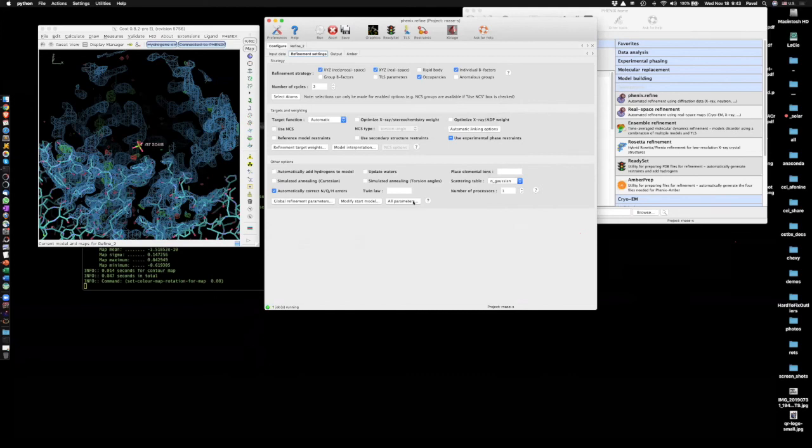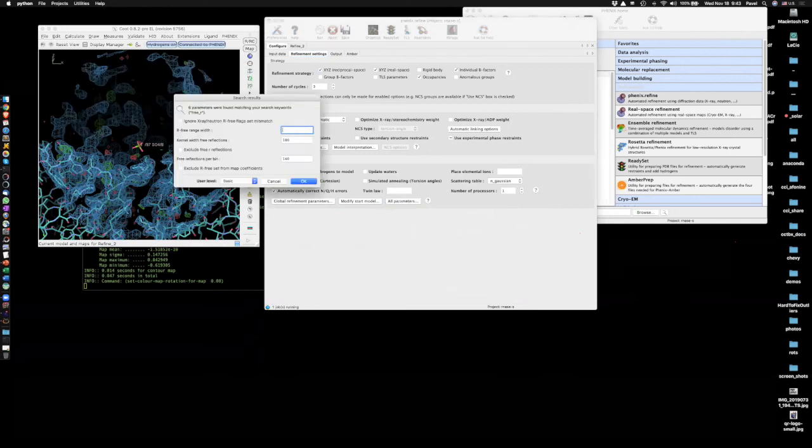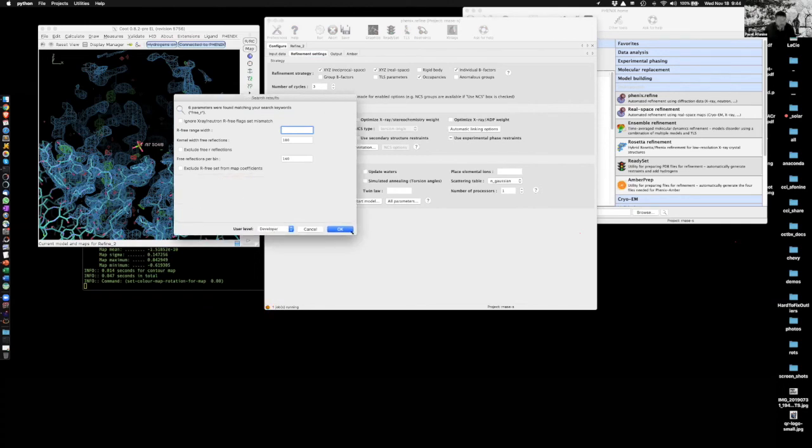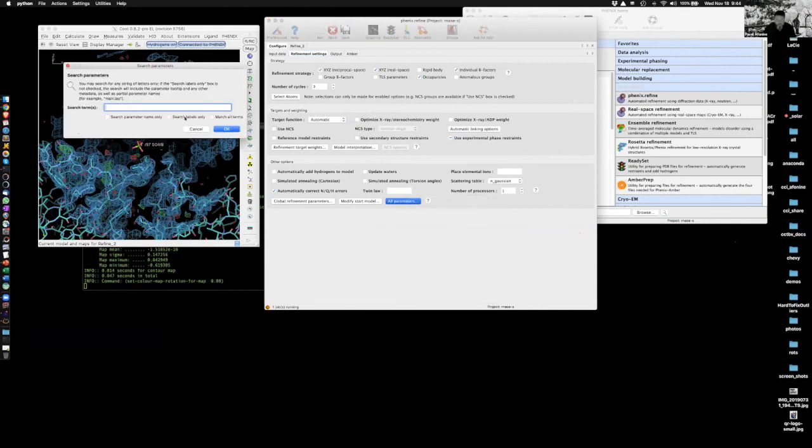Can you search for free R flags, so you can show how to generate them if you don't have them? Ignore free flags of reads, exclude free. I don't see it actually here. It's interesting. Search parameters.